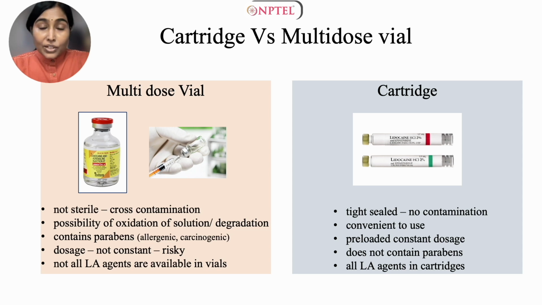There is no contamination at all. It is convenient to use, preloaded, providing constant dosage. It does not contain methyl-paraben, and all possible local anesthetic agents are available in cartridges. Now that we have enough reasons to choose a cartridge, let's focus on that.